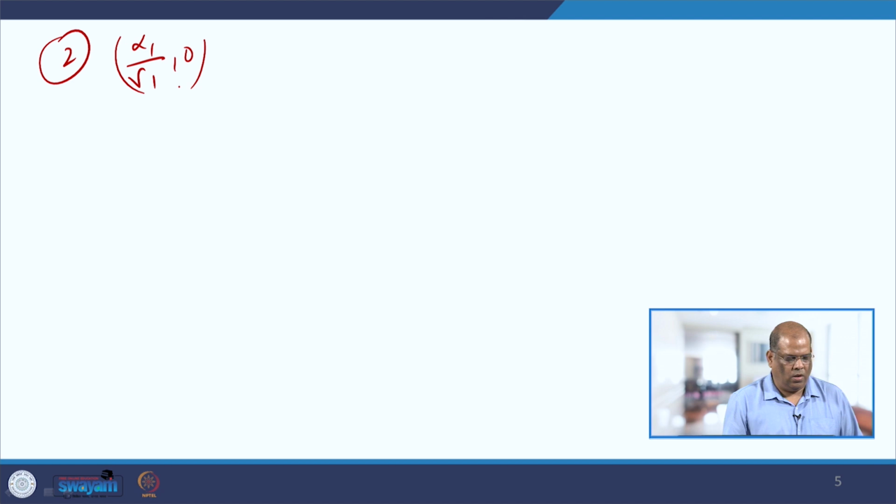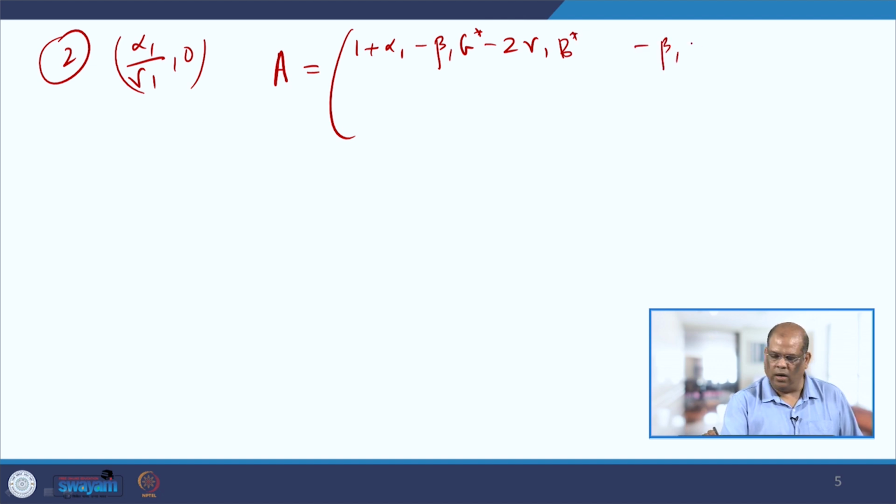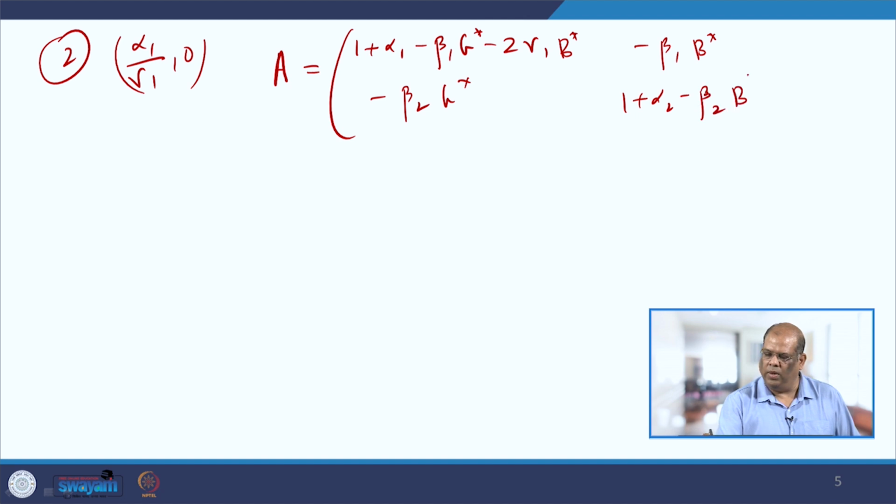Let us move to the second equilibrium point, say alpha 1 by gamma 1, 0. So, your A, which is 1 plus alpha 1 minus beta 1 g star minus 2 gamma 1 b star, minus beta 1 b star, minus beta 2 g star, and 1 plus alpha 2 minus beta 2 b star minus 2 gamma 2 g star.